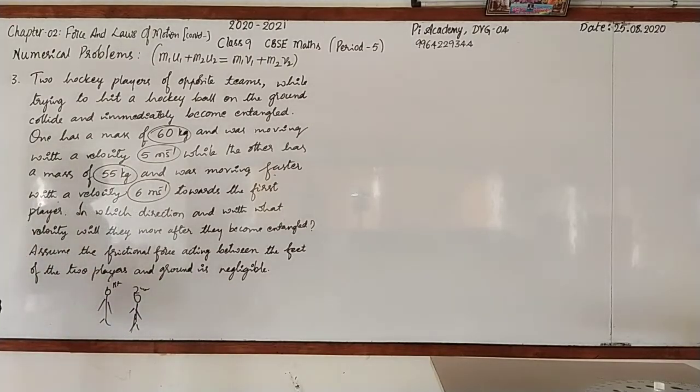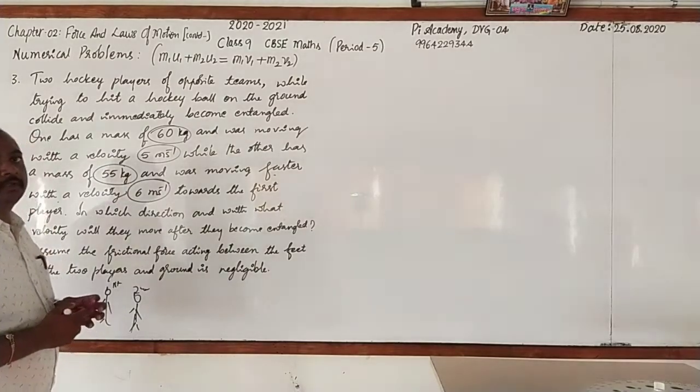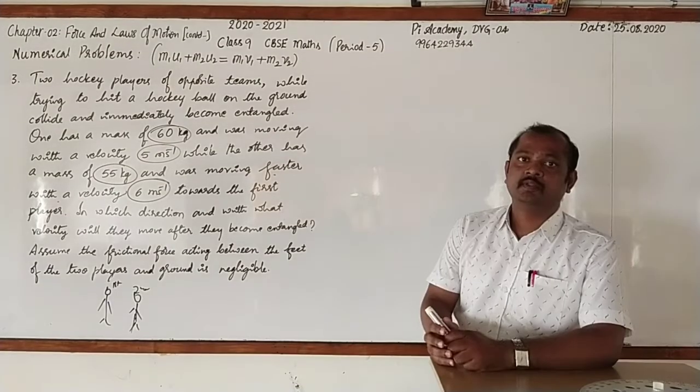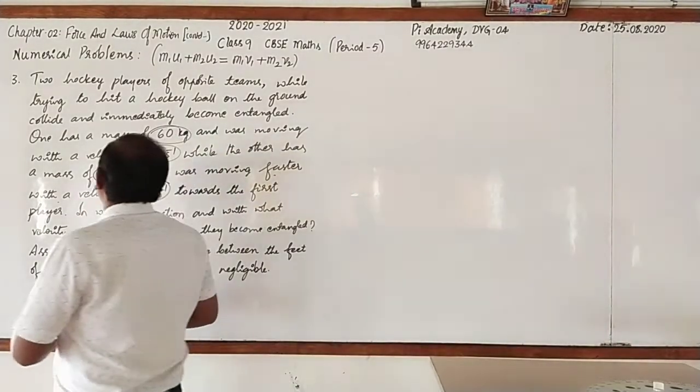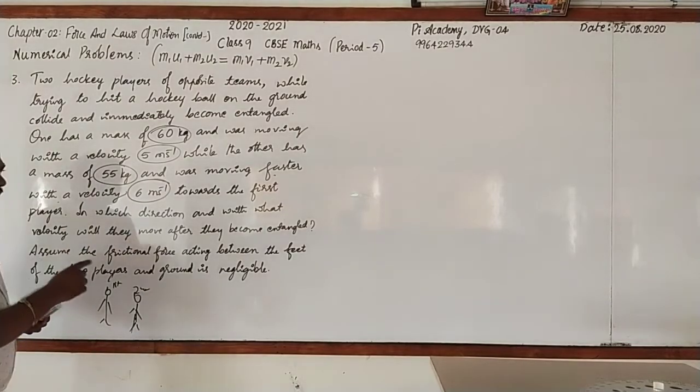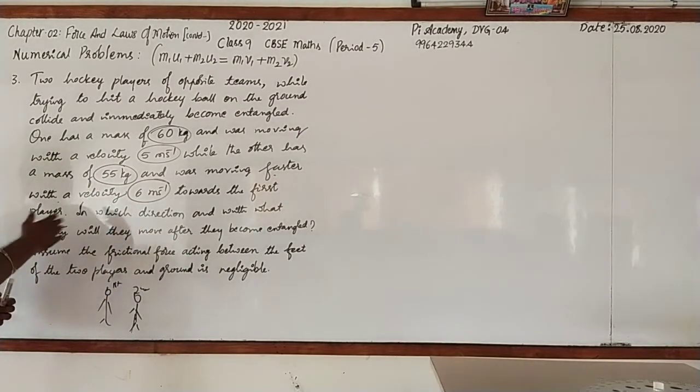Hope that you have understood. First you go for copying this whole statement, then you can start writing with me. Observe. Hope that you have written. Now, if you want to tell in which direction they will start moving after they become entangled, look here.